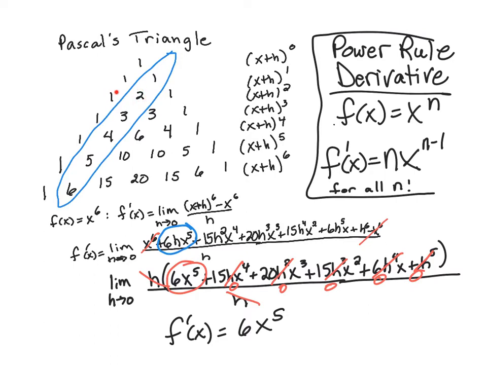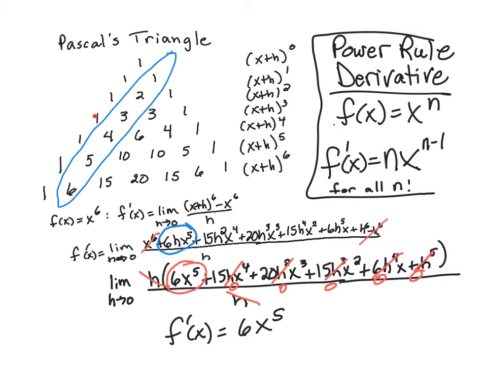So the power of x started at the highest power here and went down until you didn't have any x's anymore. The power of h started with 0 here and went up until I had h to the power of the binomial. Let's look at the binomial cubed here. These are the coefficients that you end up with.